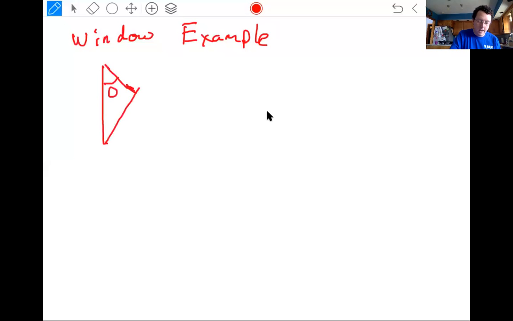I have an angle theta at the top, and this distance is 2. Go back. This distance is 2. This distance is a fixed length of 1 meter. It's a big window. And this distance here is S.